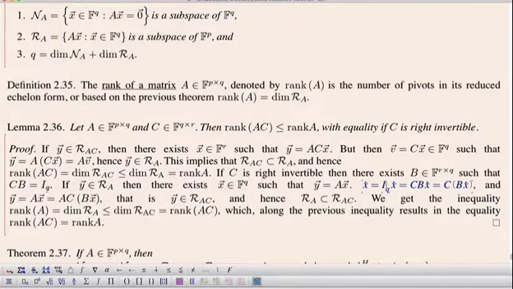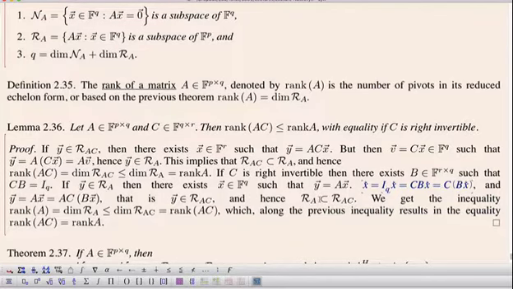But the invertibility means that the identity matrix is actually equal to C times B. So X is C times B of X, which means it's C times BX. And that means that Y, which was A times X, can be written as A times C times B times X. But then that means that Y is in the range of AC, since it can be written as AC times the vector BX.